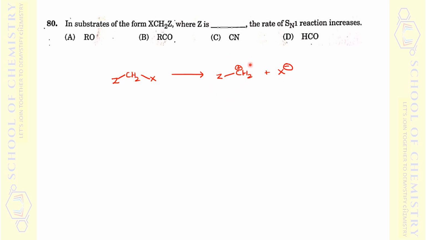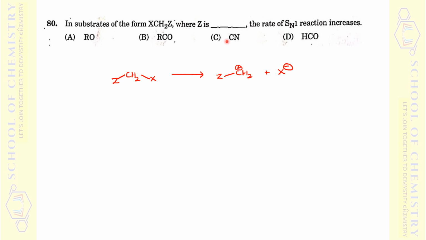Whenever this carbocation stability is more, or in other words, if this Z group is stabilizing the carbocation, in such a case the SN1 reaction rate will be more. So now we should just look for that particular Z group which can stabilize this carbocation. Among the 4 groups they have given here, the RO group can stabilize this carbocation.